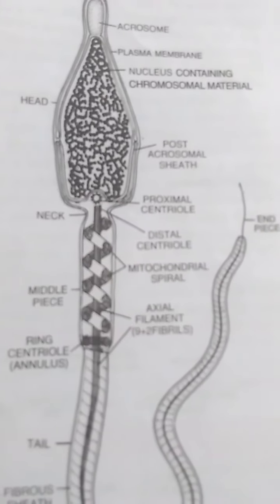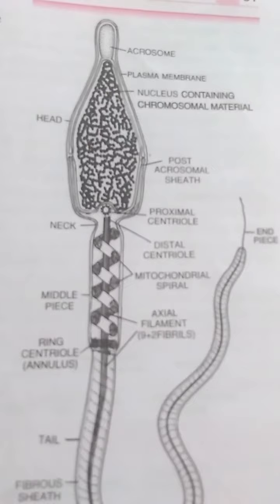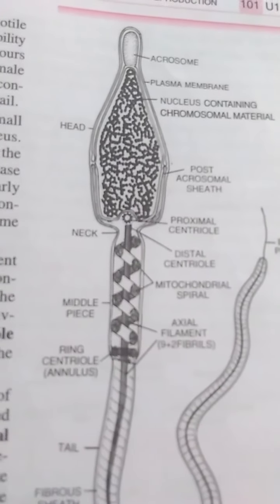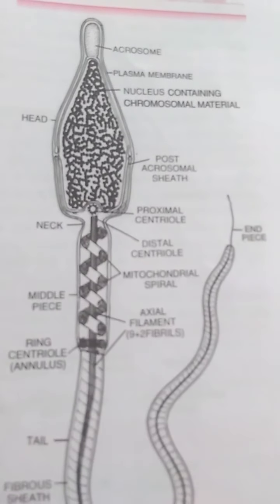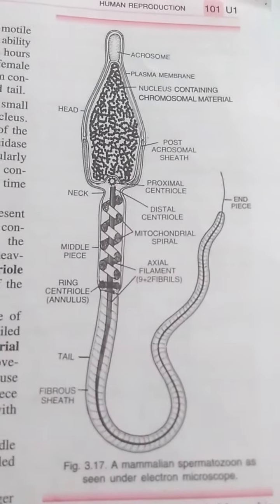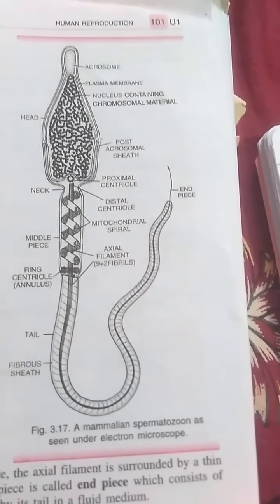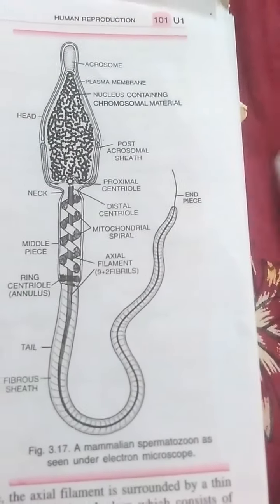It plays a role in the first mitotic division or first cleavage in the zygote. And the distal centriole, which is present towards the middle piece, gives rise to the axial filament of the tail. Axial filament of the sperm is produced by the distal centriole, right?